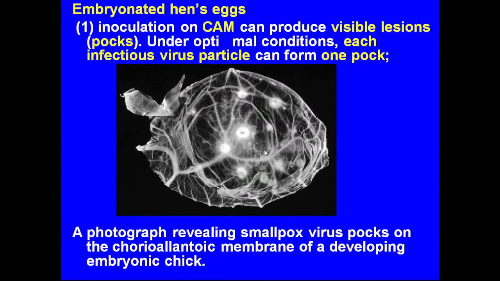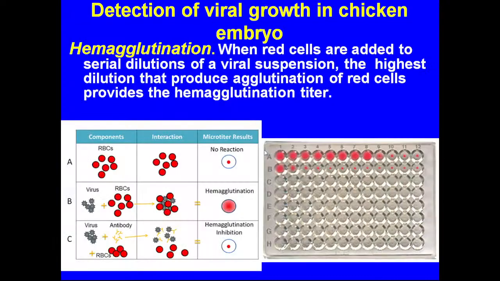But if we use other ways of embryo inoculation, we won't see any visible lesions anywhere. Most probably, we need to perform some simple tests to understand whether the virus is multiplying there or not.